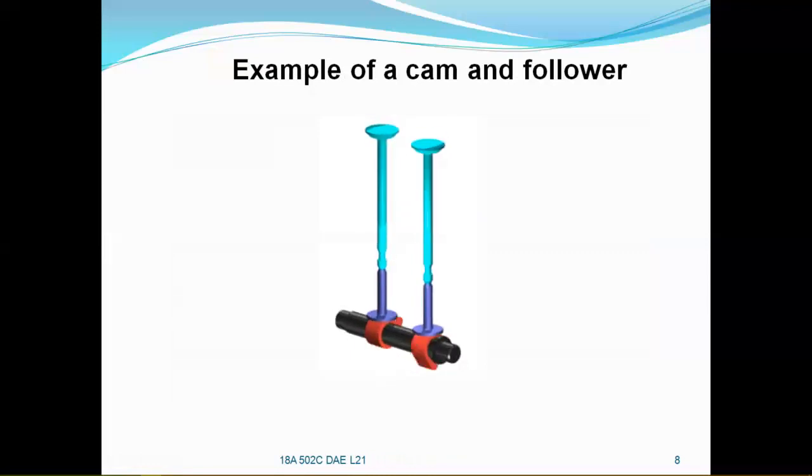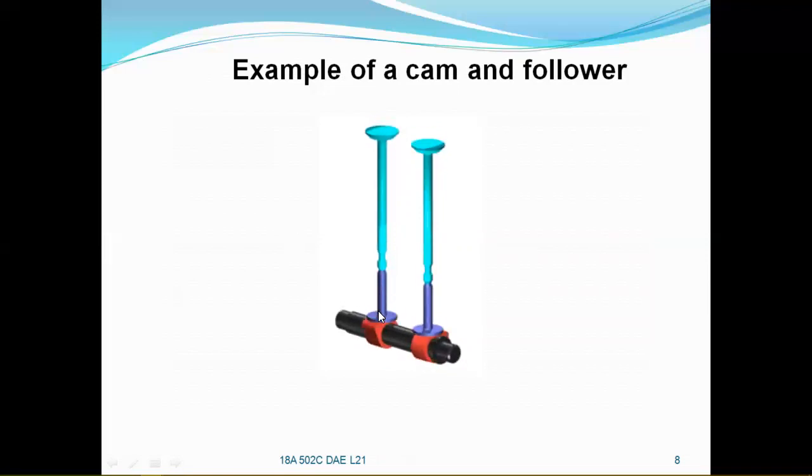Here you can see it is similar to IC engine valve opening and closing. This is the camshaft, and these are the cams. Disc cams are also called plate cams, and this is the follower, and both are having reciprocating motion.